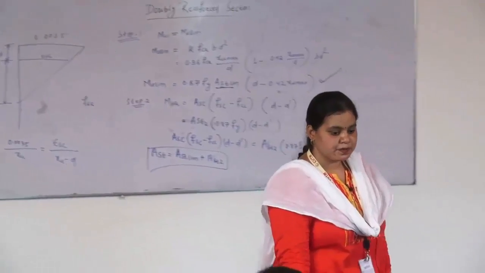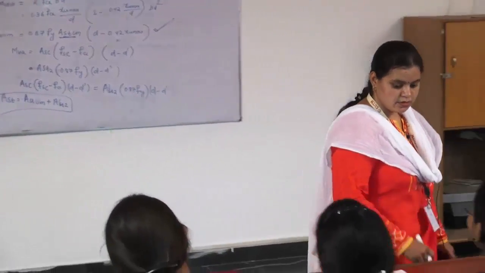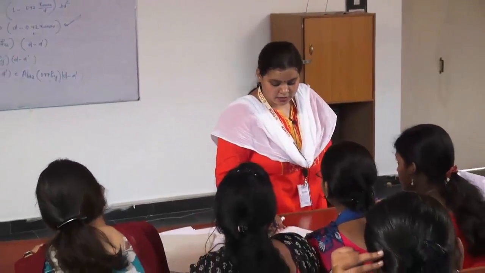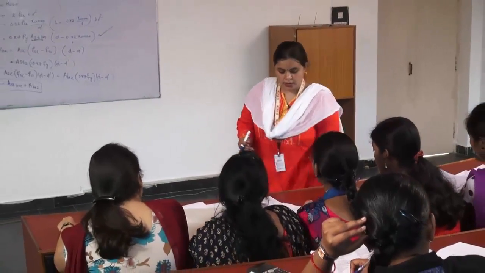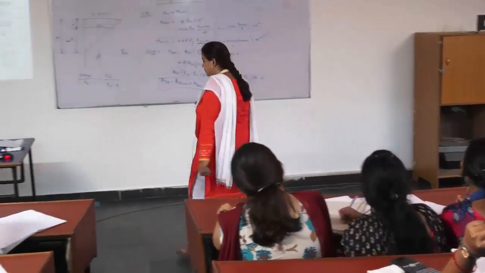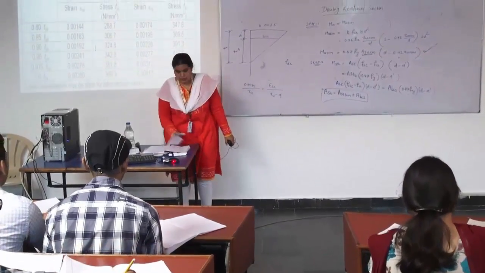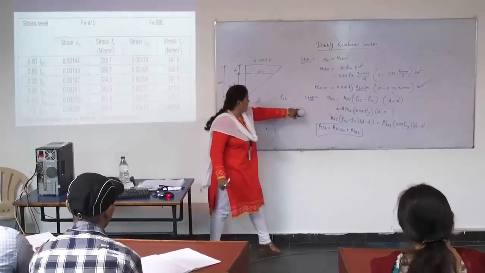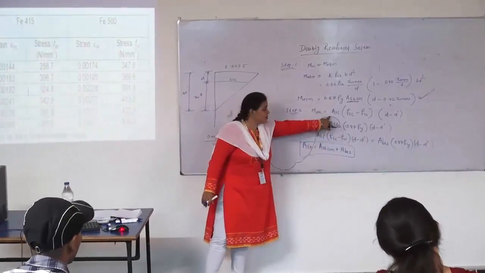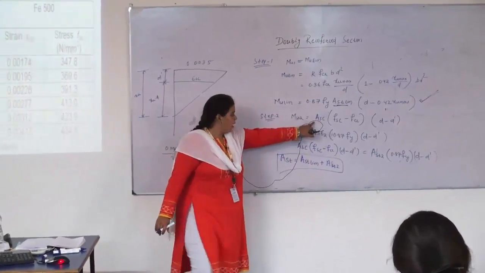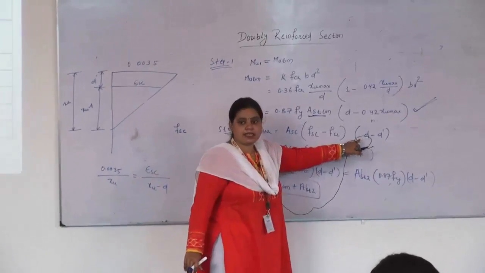Just calculate by interpolation. The interpolation formula gives 352.8. Now Mu2 equals, use this formula, FSC into D minus D dash.